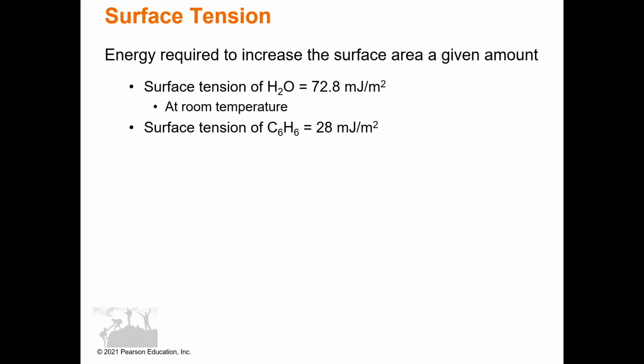So here we have water and benzene, and their surface tension values at room temperature. And based on these values, you should be able to say that water has stronger intermolecular forces compared to benzene.